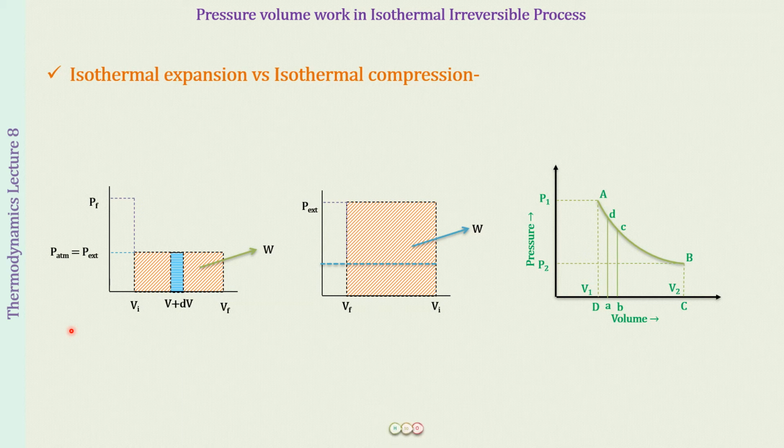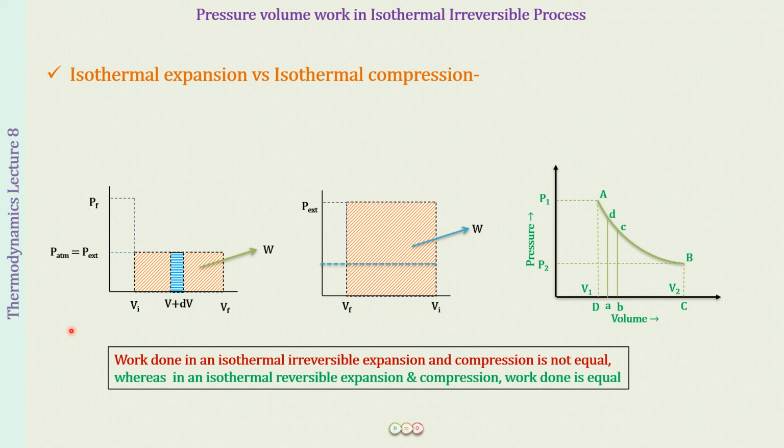All right, so you have to remember this very important fact: work done in an isothermal irreversible expansion and compression is not equal, whereas in an isothermal reversible expansion and compression, work done is going to be equal, only of opposite sign. The area is going to be the same for the reversible process. I hope this is clear.